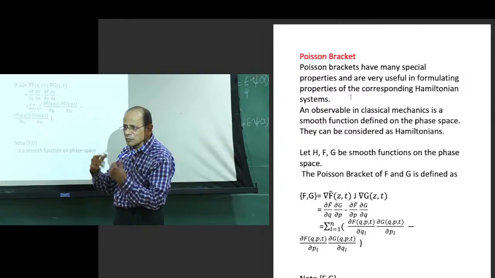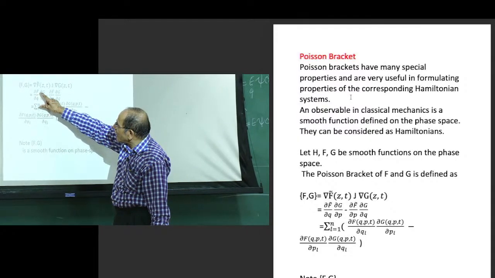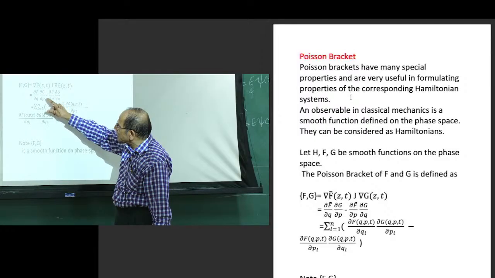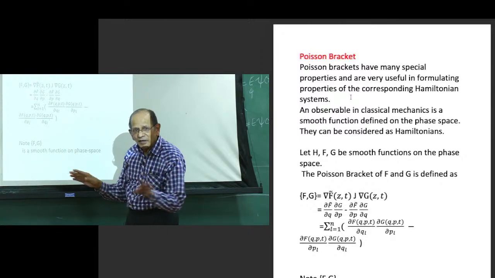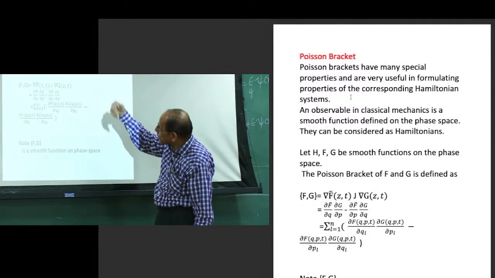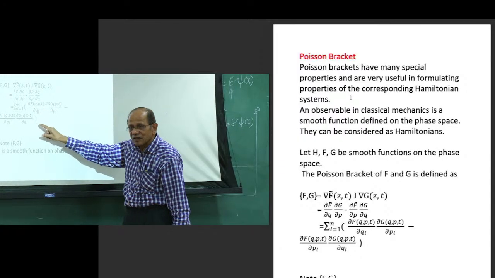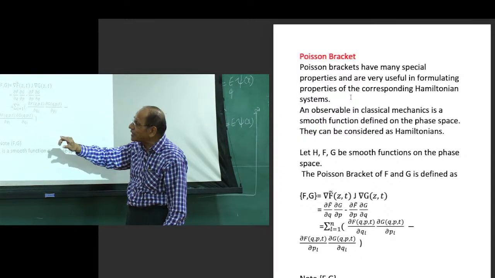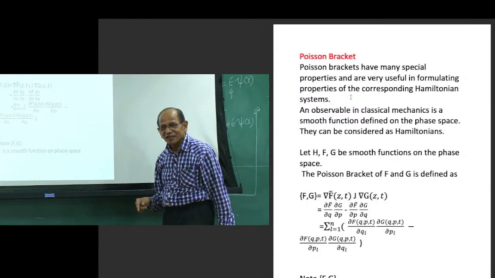In a more explicit form, it is df transpose by dq dg by dp minus df transpose by dp dg by dq. Here I have written it in the explicit form, or if you want to use it in component form, this is the definition in the component form, but it is very nice to deal with a very compact form.